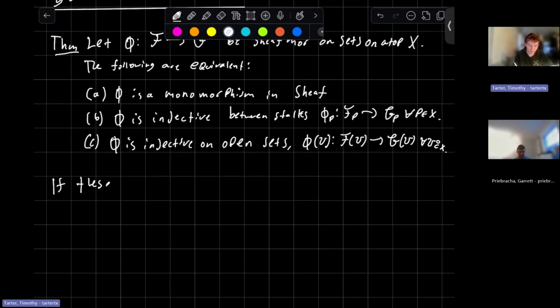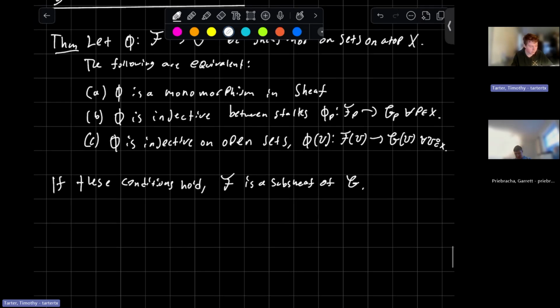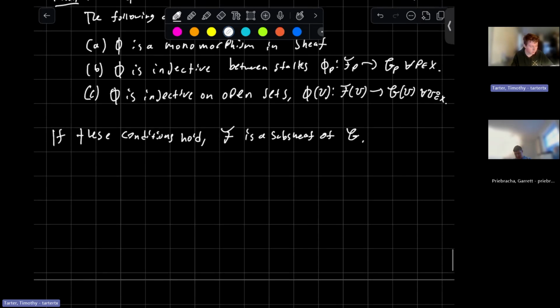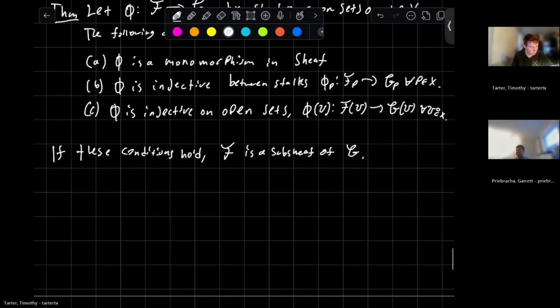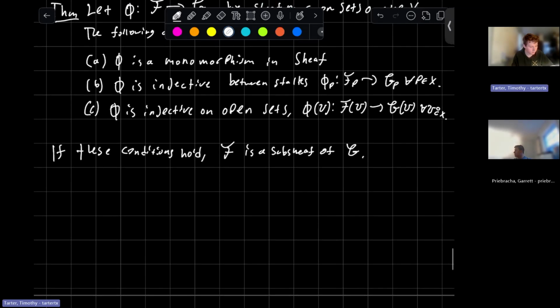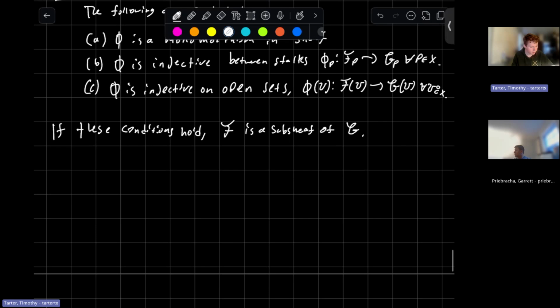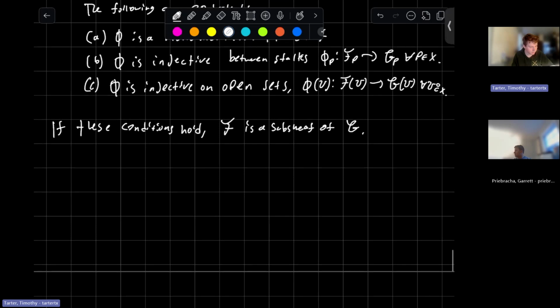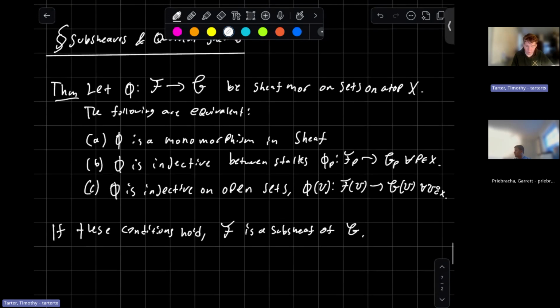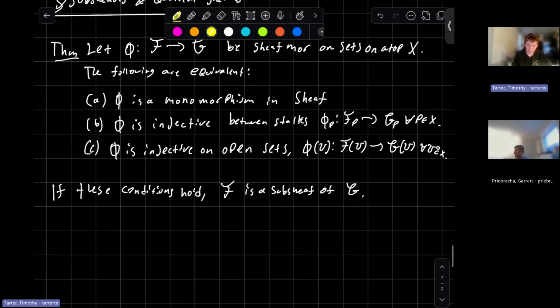So if these conditions hold, then this is the definition: F is a subsheaf of G. So yeah, that's a definition.